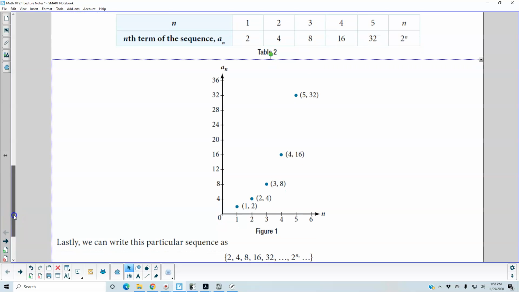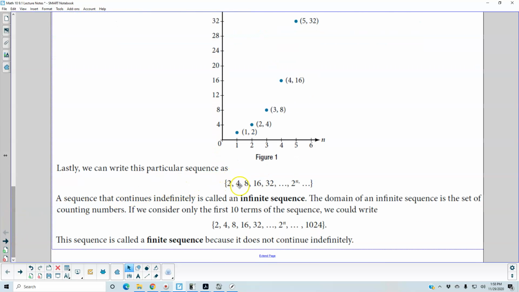Now, we can write this particular sequence as the following. We have these braces with 2, 4, 8, 16, 32, 2 to the nth power, which would then be the ellipsis. A sequence that continues indefinitely is called an infinite sequence.